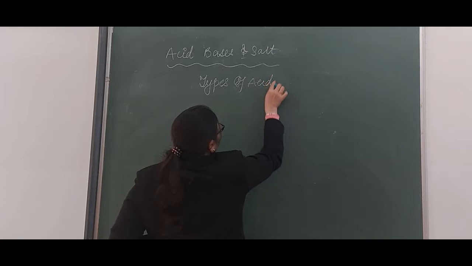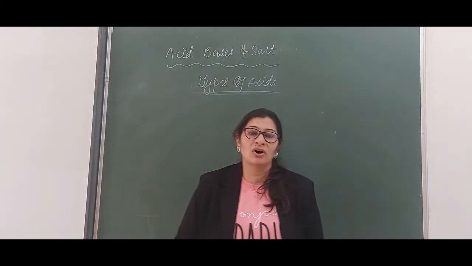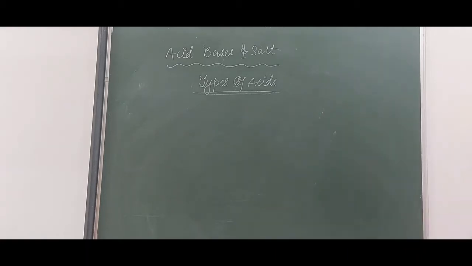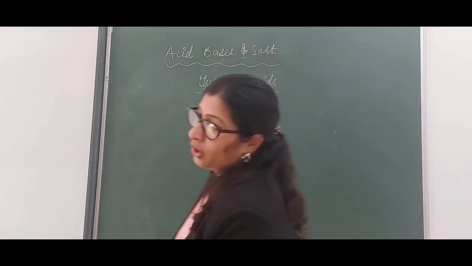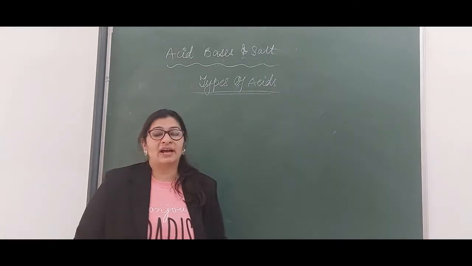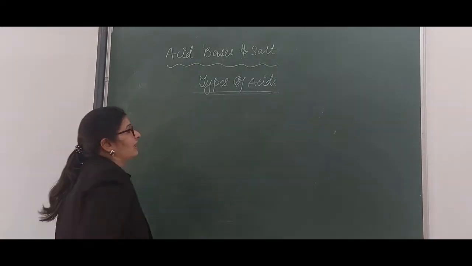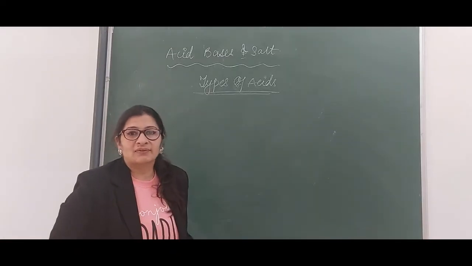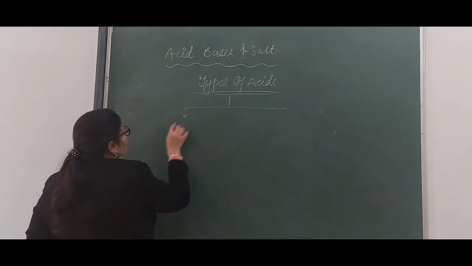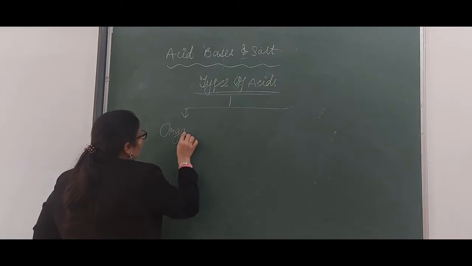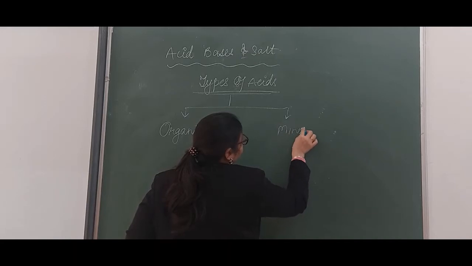What are the types of acids we have to study in grade 7? For grade 7 we will study two types. One is called organic acids and the other is called mineral acids.